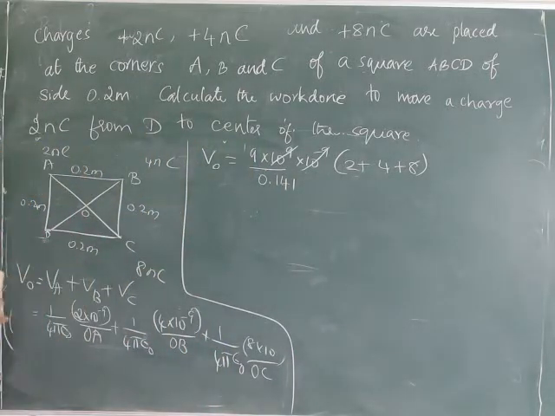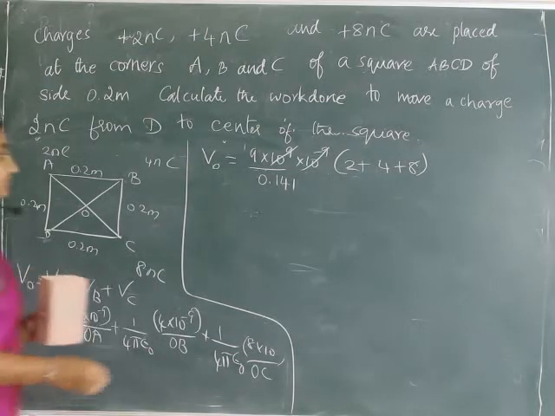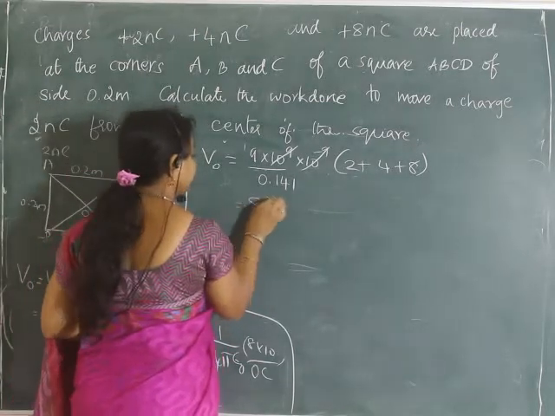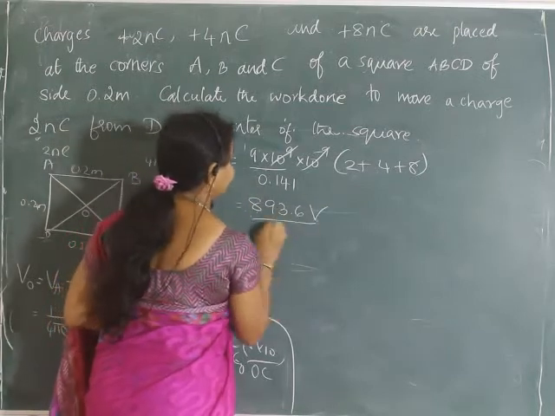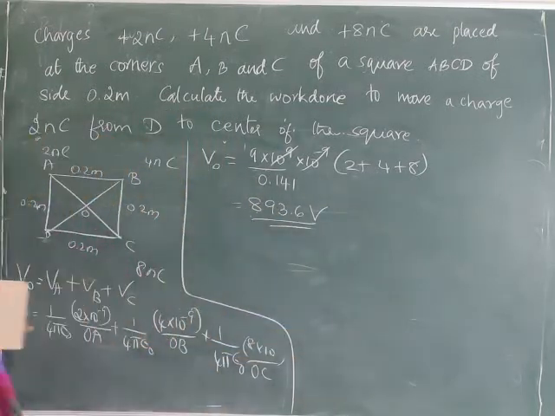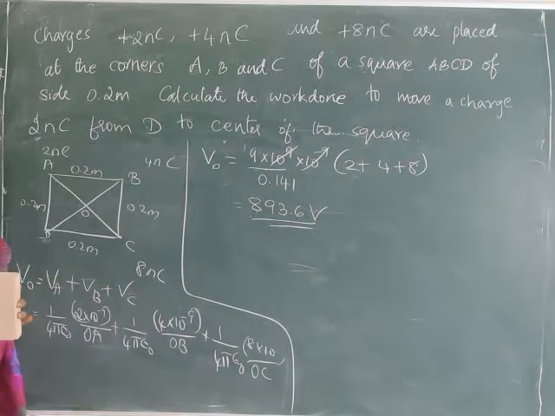What is the answer? VO is equal to 893.6 volt. We got this one as 893.6 volt.